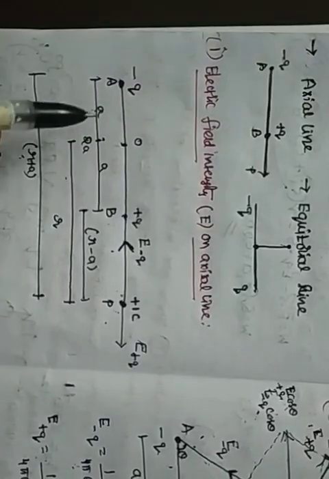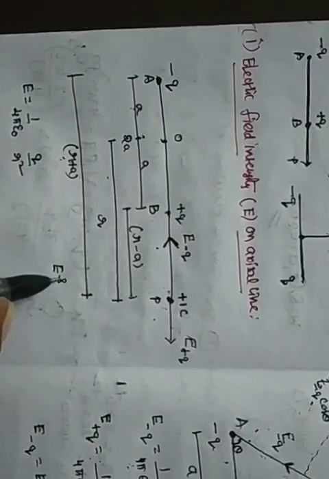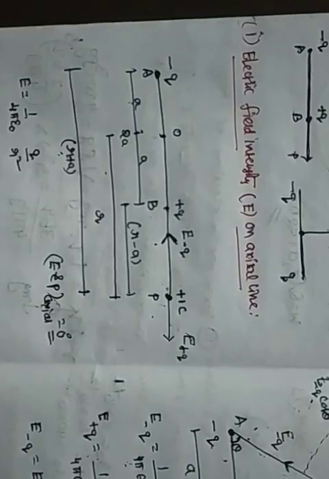In yesterday's topic, I explained the angle between the electric field intensity and the electric dipole moment. The angle between the electric field intensity and the dipole moment along the axial line is 0 degrees, that means they are in the same direction.